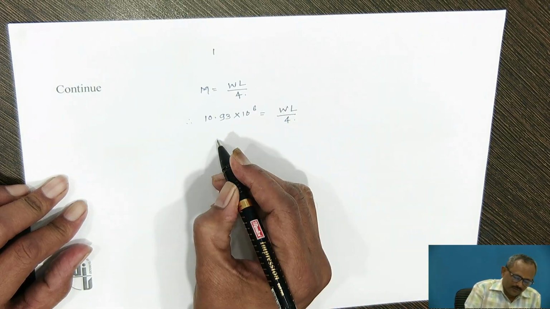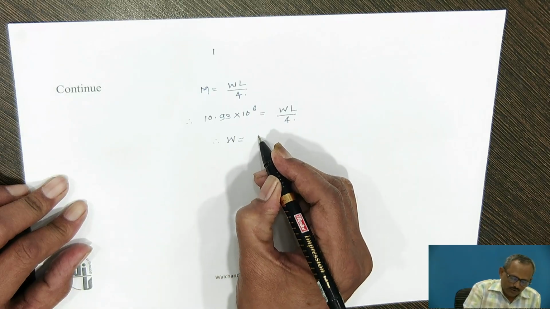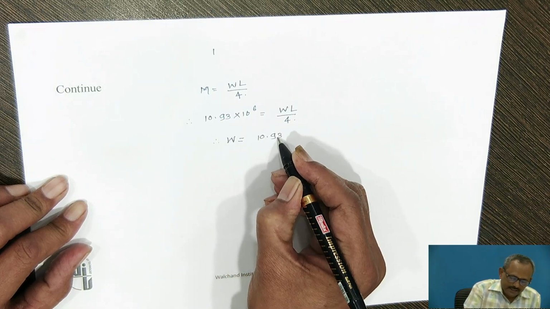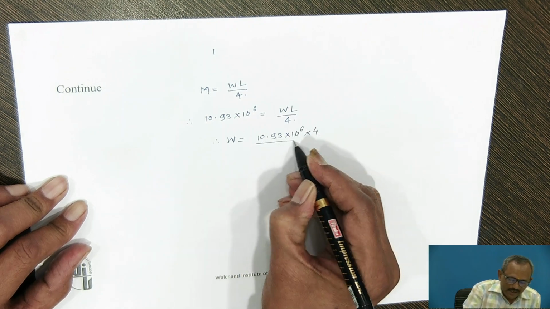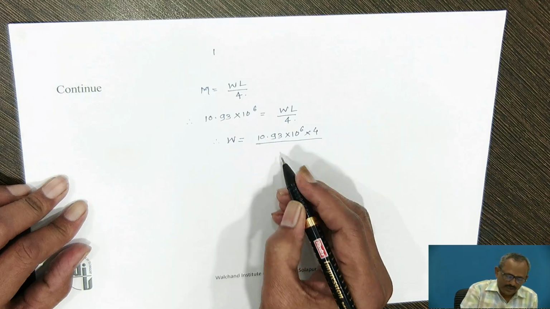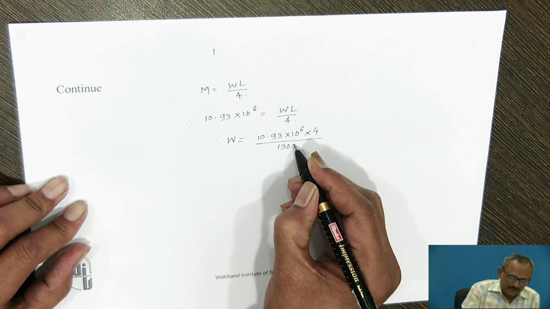From this we can calculate the point load W: 10.93 into 10 raised to 6 into 4 divided by the length of the beam, 1.3 meter, that is 1300.